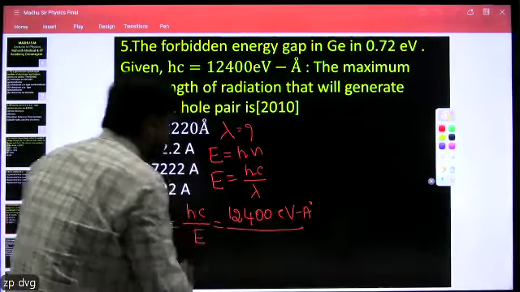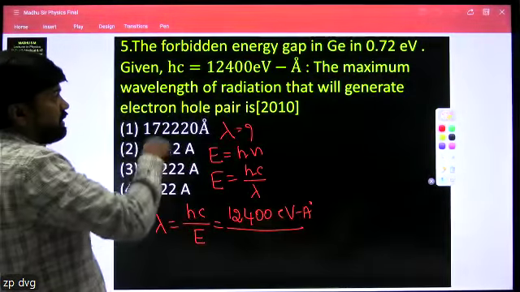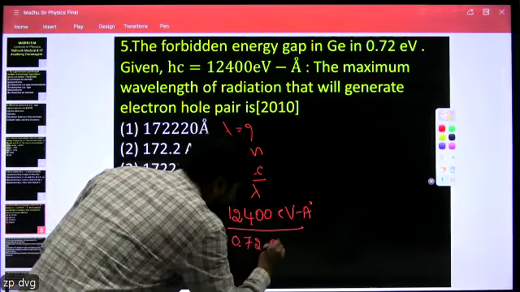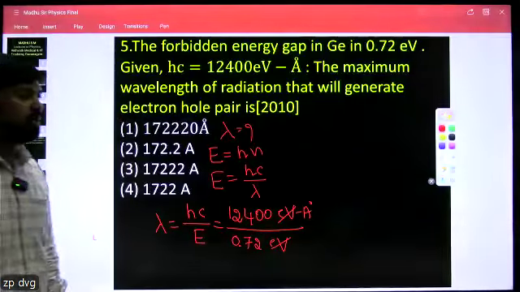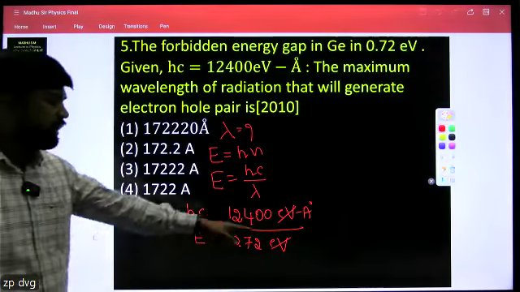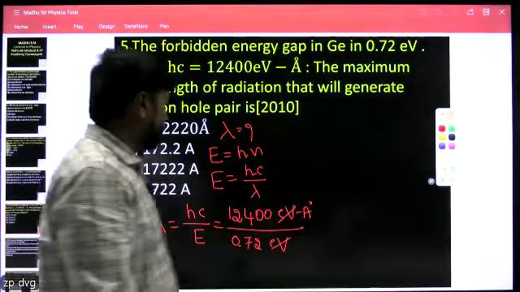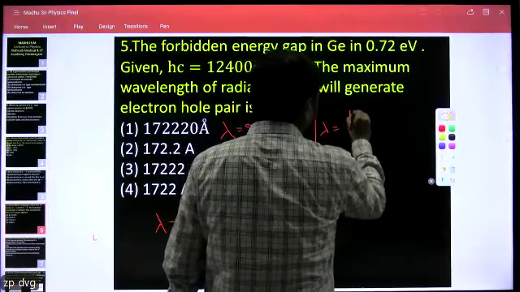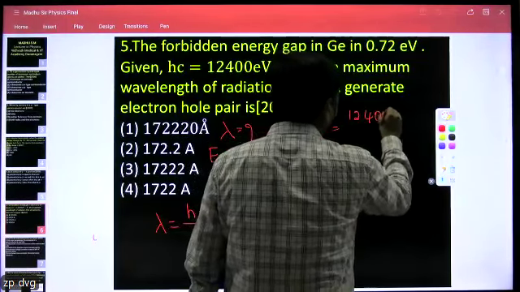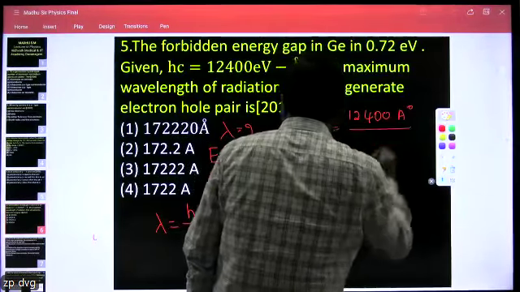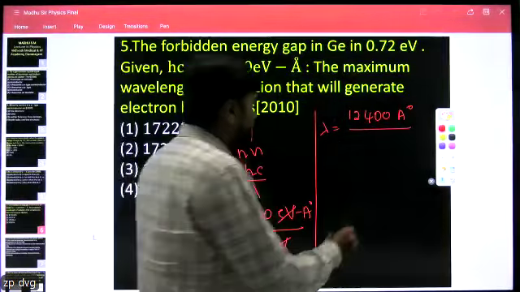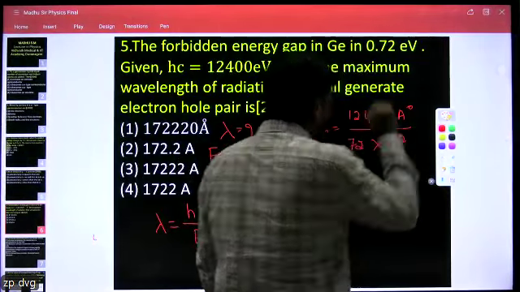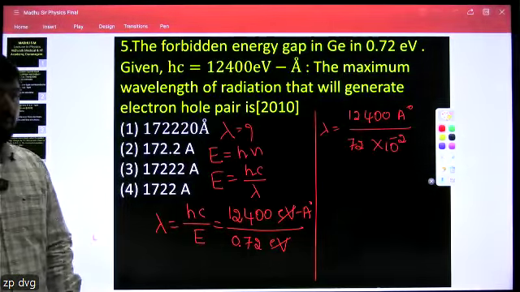Divided by the energy gap of germanium, which is given as 0.72 ev. Electron volt gets cancelled and the remaining unit is angstrom. So lambda is equal to 12400 angstrom whole divided by 0.72, which can be written as 72 into 10 power minus 2.